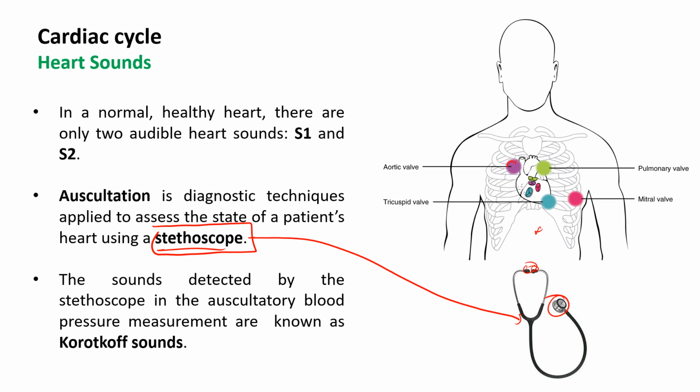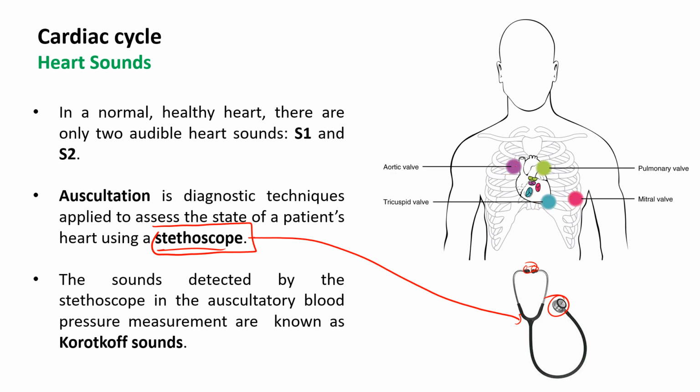If you put the stethoscope in the second intercostal space at the right sternal border, that's the place where you can hear the aortic valve better. And on the opposite side, the left side, pulmonic valve, here tricuspid, and then here mitral valve.